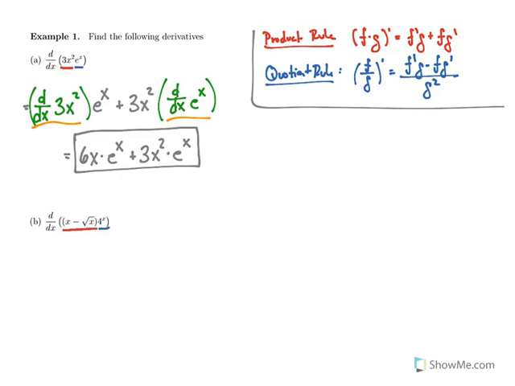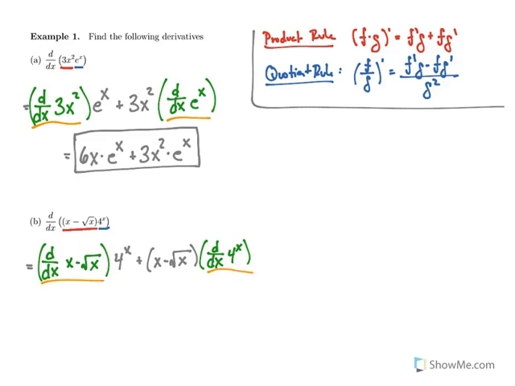So using the product rule, we're first going to do the derivative of x minus square root of x times the second, plus the first in parentheses times the derivative of the second. And again, this shows me that I have two more derivatives to take care of.